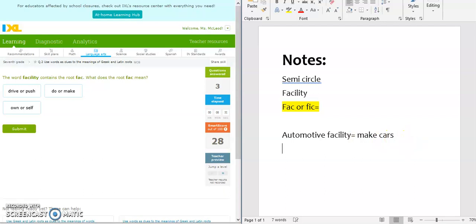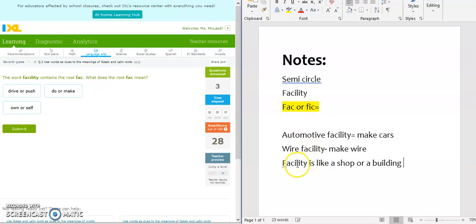A wire facility makes wire. Now, a facility is like a place where they do something. In my mind, a facility is a place where they make things. A facility is like a shop or a building. But we're looking for this root word fact.